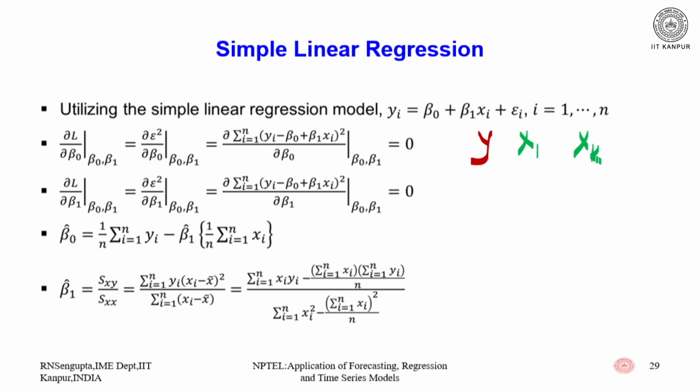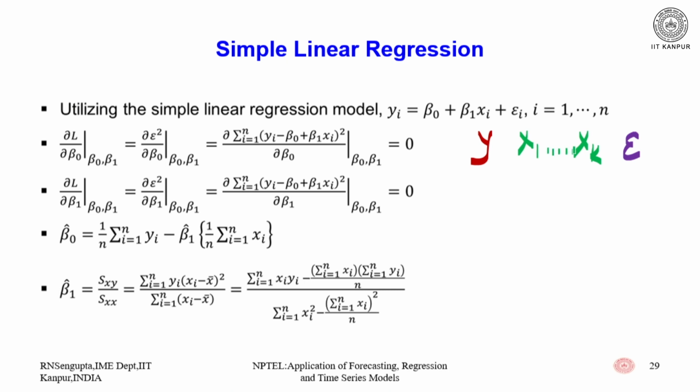There are k independent random variables which will help us find the dependent variable, and also assume that the error is denoted by epsilon. There are n readings for y, n readings for x1, and similarly x2, x3, x4, and so on.